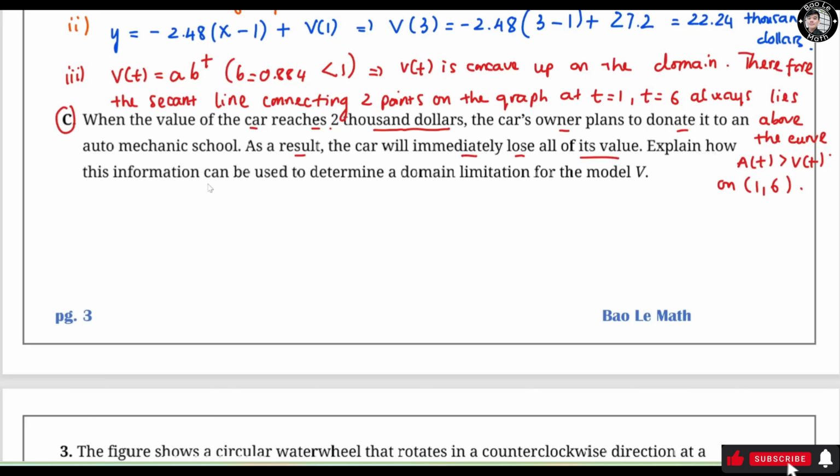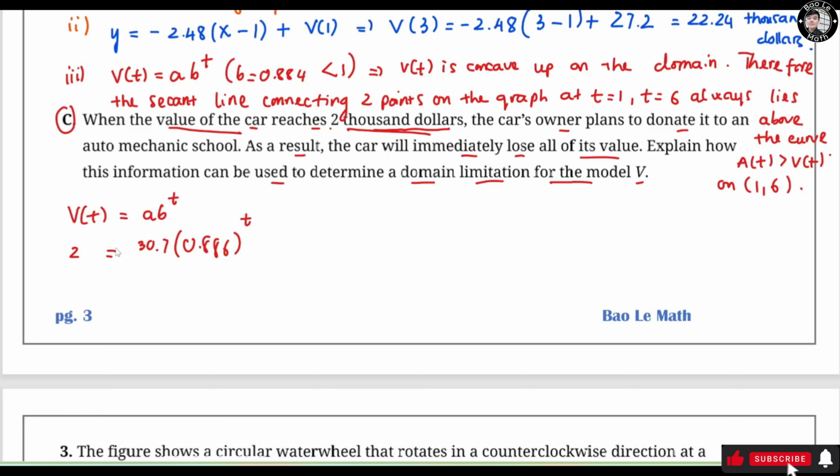Explain how this information can be used to determine a domain limitation for the model V. When the value of the car reaches $2,000, we're going to solve the equation for t. The equation V of t equals a times b raised to the t, where a equals 30.7 as we solved above, and b equals 0.886, raised to the t, and V of t equals 2.